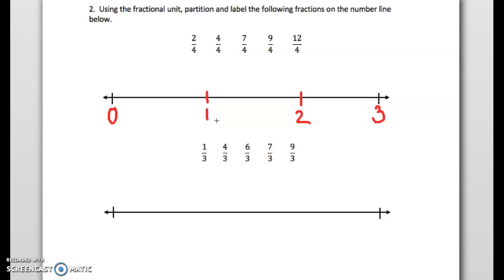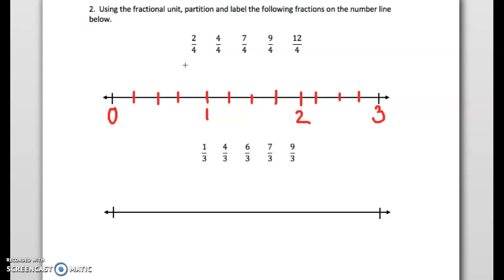So in between each whole number, we're just going to partition it using 3 lines. 1, 2, 3, 1, 2, 3, 1, 2, 3.